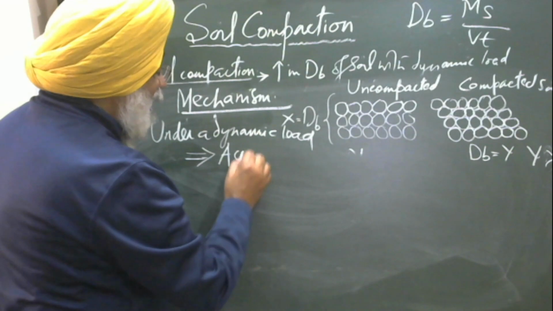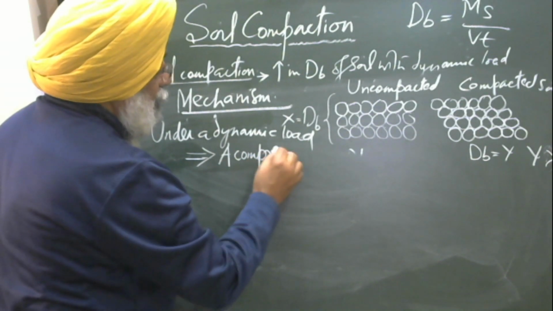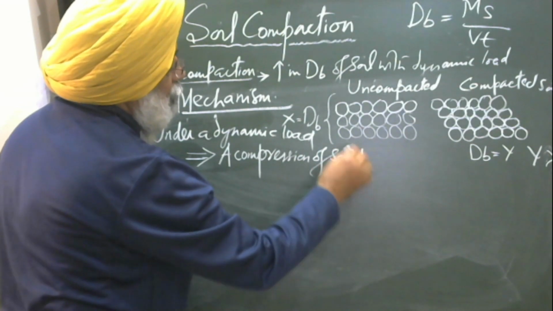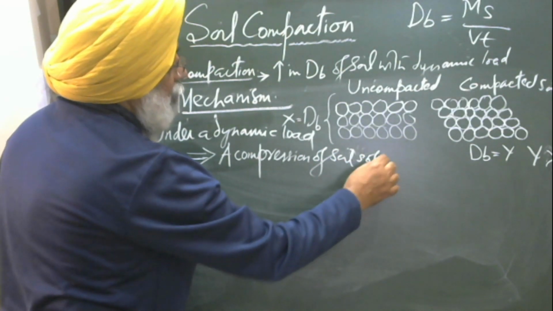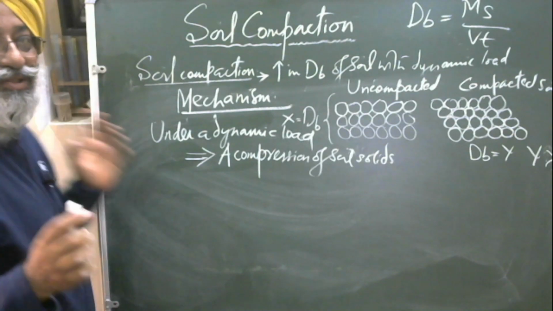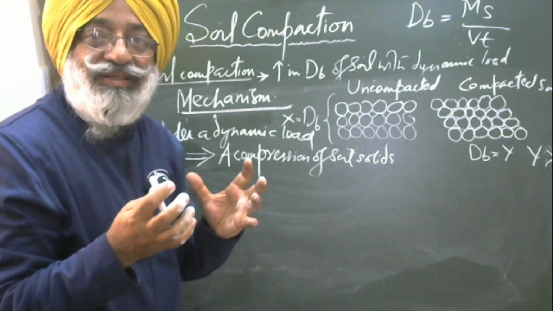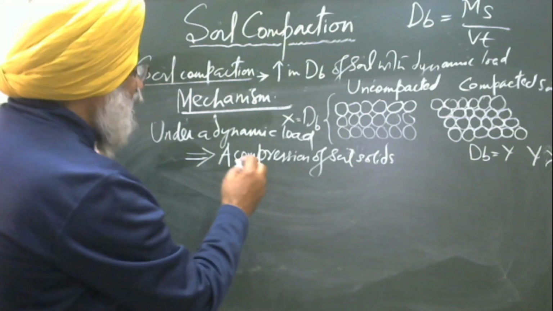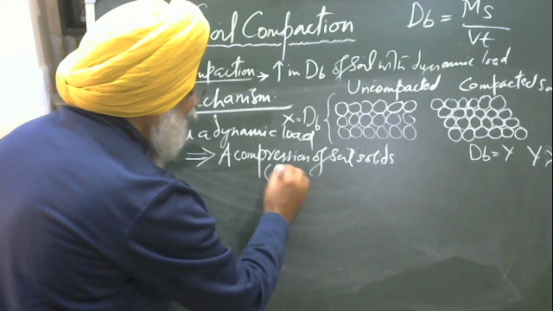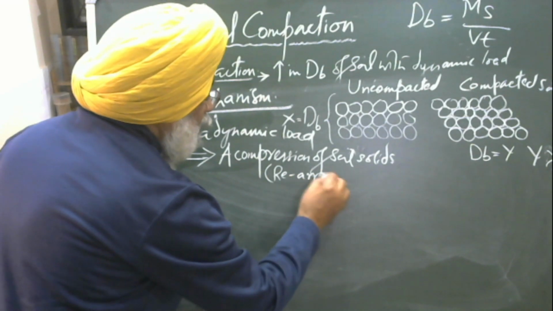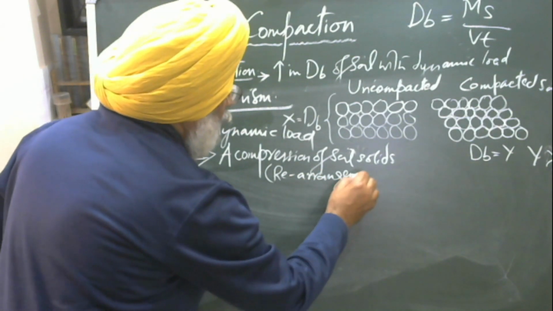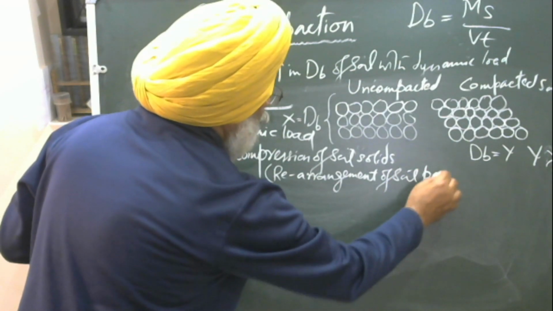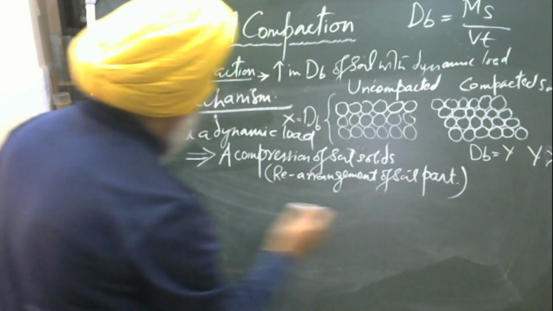So a compression of soil solids. But just now I said that soil solids cannot be compressed. Then why again am I saying a compression of the soil solids? It is simply rearrangement of soil particles. That's why they get compressed.